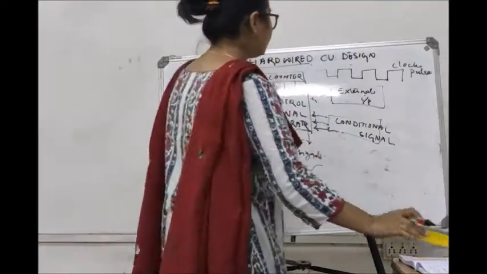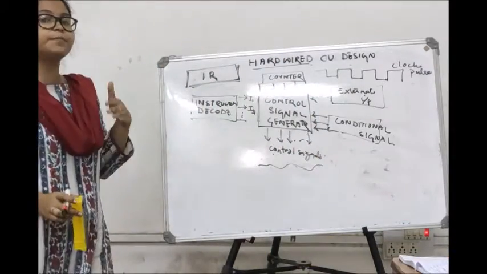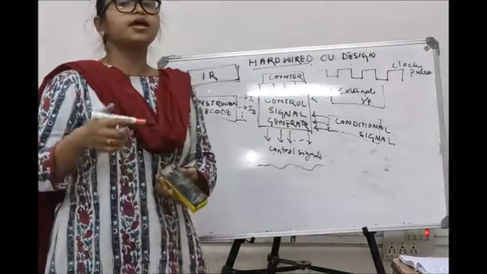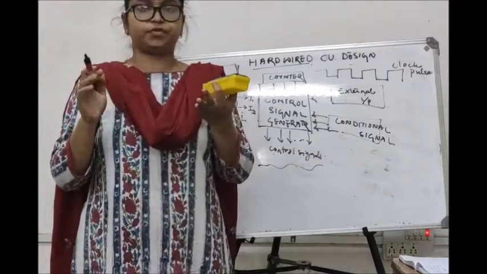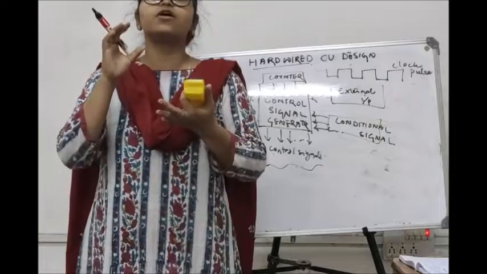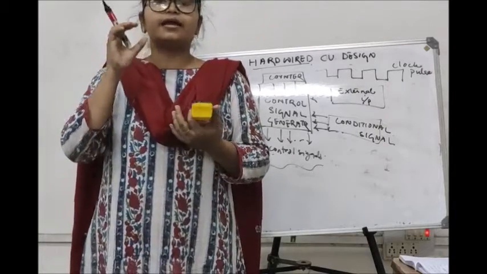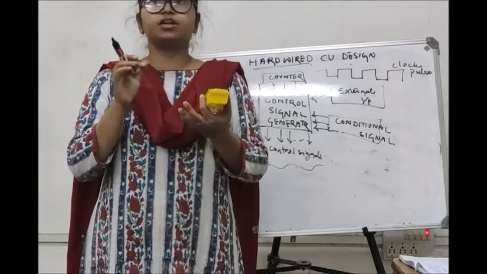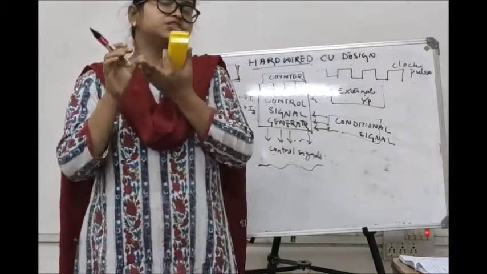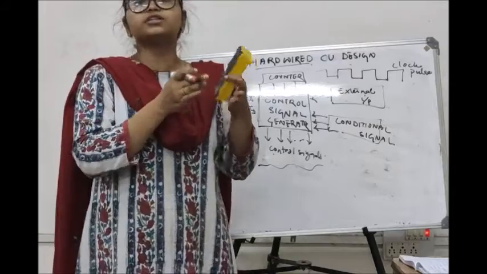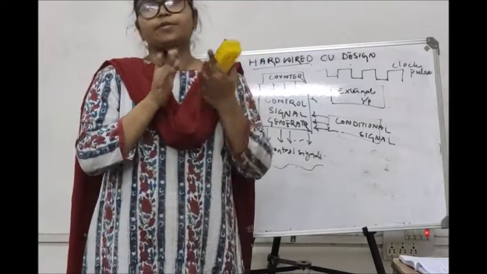Now, what is the second type of control unit? The microprogram control unit. In the microprogram control unit, we have micro operations. Our instruction consists of micro operations, and each micro operation can be denoted as a micro instruction. These micro instructions are stored in a special memory called control memory.